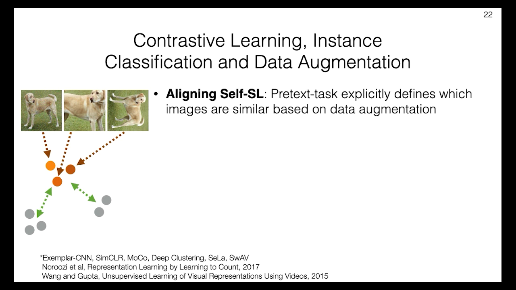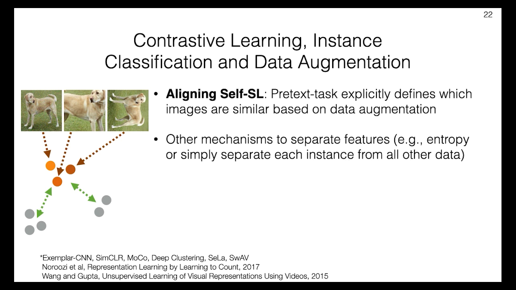The supervision signal is to choose data augmentation as the family of transformations that features should be invariant to. Although this is a common and natural choice, it encodes our knowledge that the object category is invariant to a certain class of transformations. The separation force is defined by other mechanisms such as entropy or a generic repulsion between all image instances except for the data augmented ones.